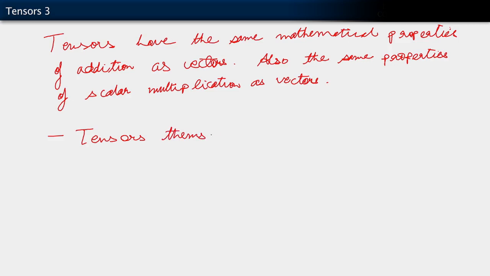And here the idea of vector space should not be considered with the actual Euclidean vector in 3 dimensions, right? But here vector space refers in particular to these mathematical properties of addition and scalar multiplication. Okay, so that's just an aside.